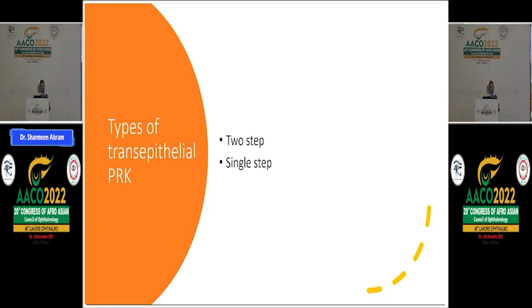The single step, which some of you might be familiar with, is also called the Streamlight with the Excimer X500. You use the same laser, but we are not using the PTK platform as such. There is an inbuilt PTK platform with the PRK, so the laser doesn't stop in between and it continues the treatment.